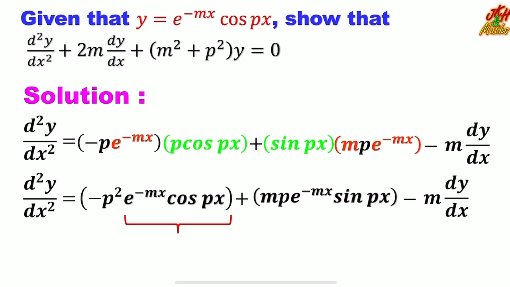So then for the first term on the right hand side, when we observe, e to the power of negative mx cos px is actually equal to y.